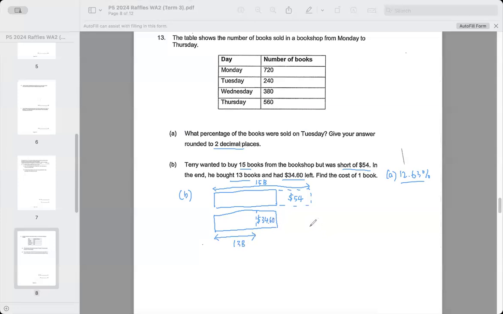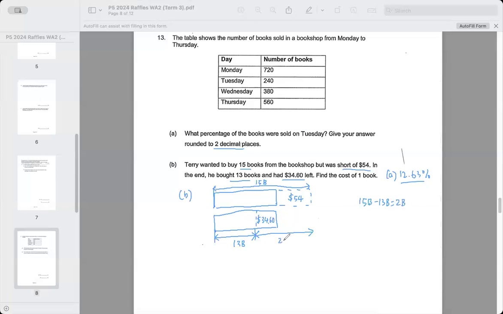Now we look at the difference in the books. From here all the way to the end, it's 15 books. From here to here is 13 books. Let me draw this slightly more accurate. Meaning from here to here, you take 15 minus 13, we have 2 books.